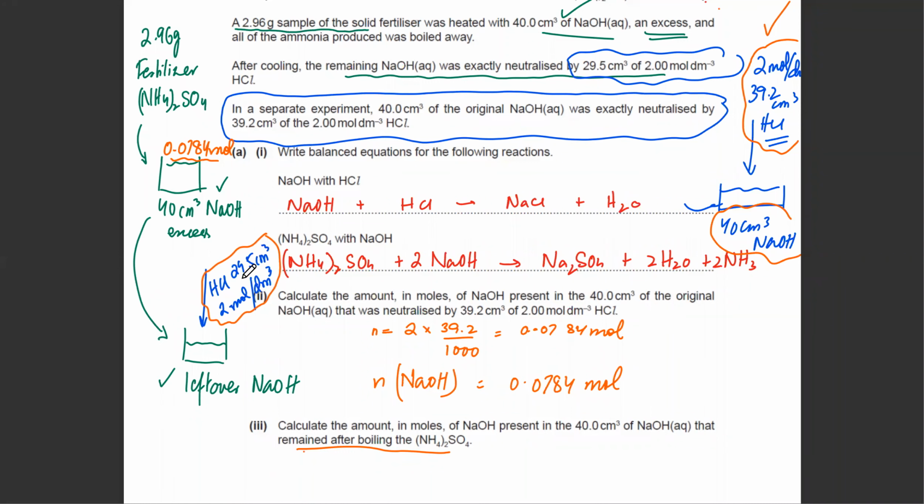Can you find the moles of HCl? It's 29.5 into 2 divided by 1,000, concentration times volume.